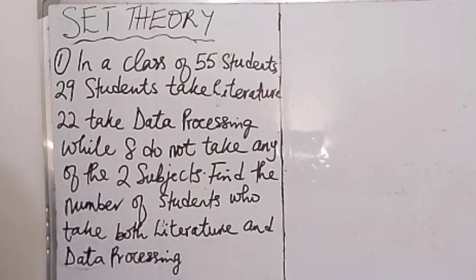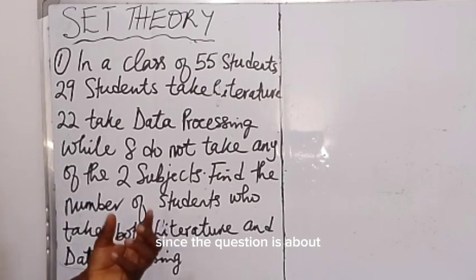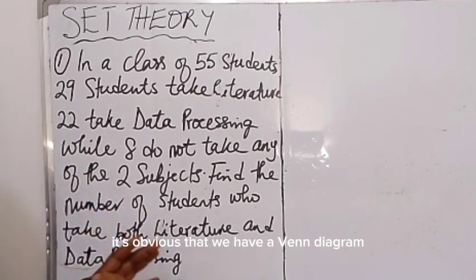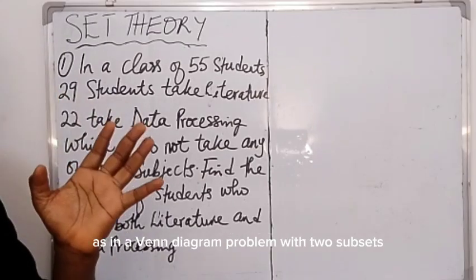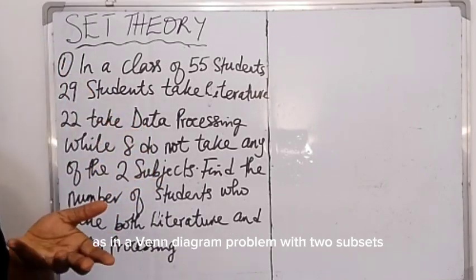Before we begin, since the question is about the number of students that do both, it's obvious that we have a Venn diagram problem with two subsets.